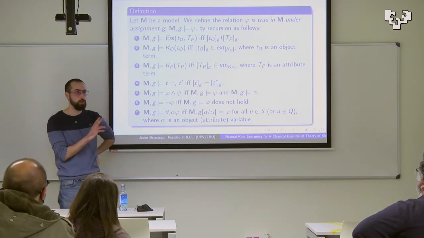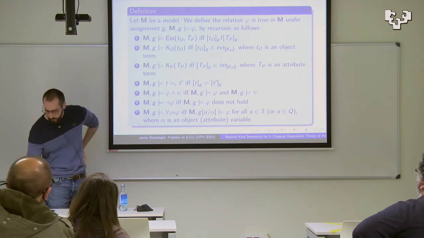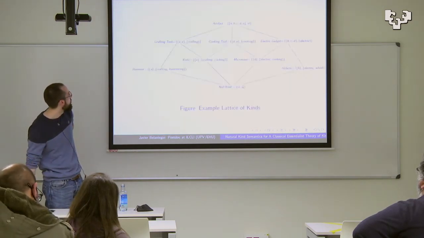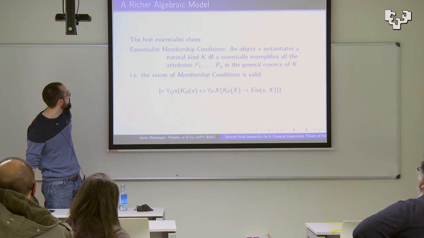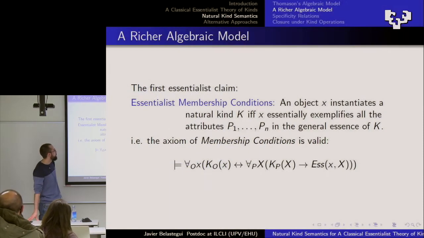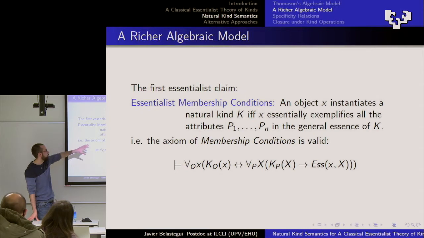So this excludes causal theories, and the reason is that, let me go to the axiom, well, here. Okay, so causal theories would reject that an object belongs to a kind if and only if it has all the properties that are somehow related to the kind.